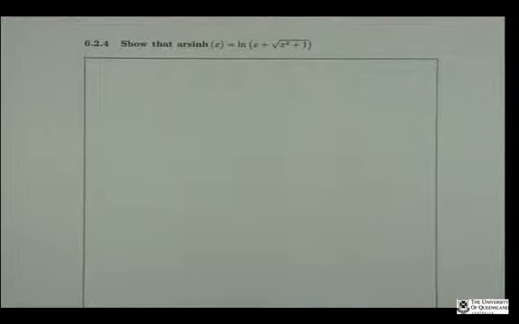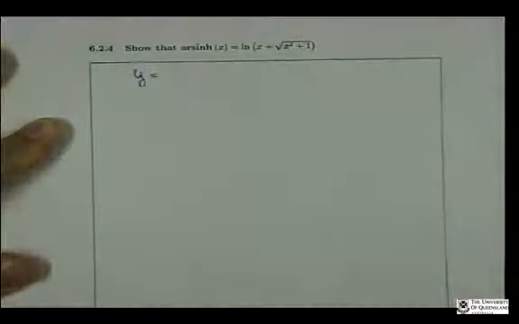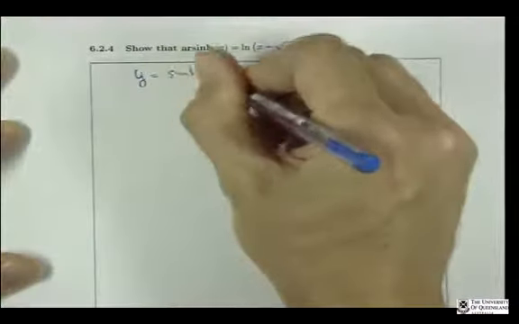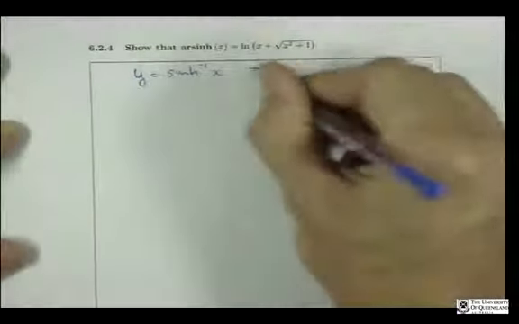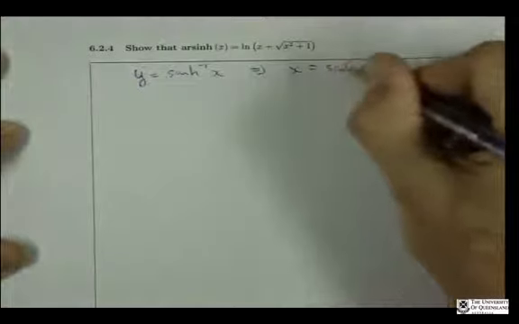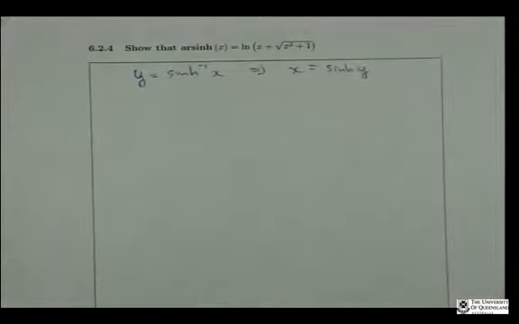Let me go through the inverse sinh function and show you the sort of calculation that's involved. We'll define y to be this inverse sinh function. That means we can write x as sinh y.